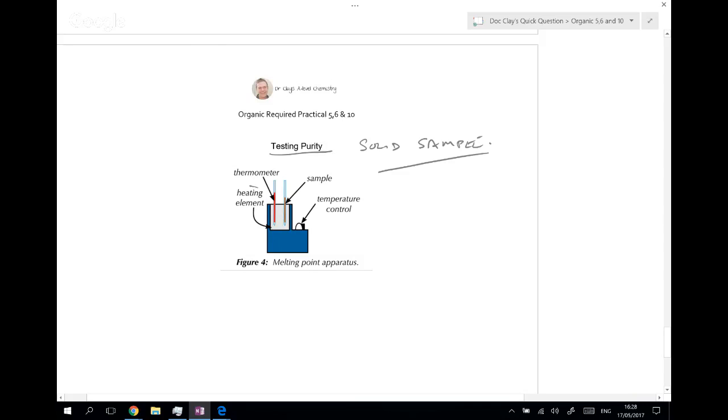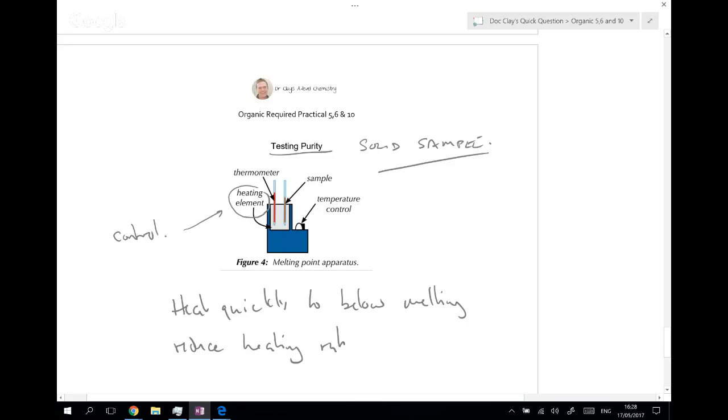Here we've got a way of heating the sample, and the idea is that we can heat slowly, or we've got control over the heating. So when we're doing this, we're going to heat quickly to below the melting point, and then we will reduce the heating rate as you get close to the melting point.